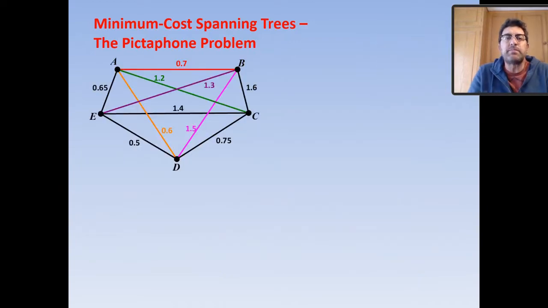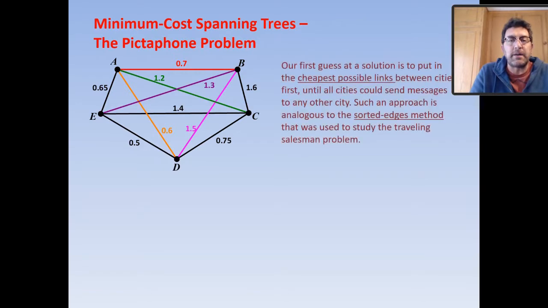Now, let's go back to the pictophone problem. I've just colored the edges in different colors so that we are sure that the weight that are assigned on the graph belongs to the particular edge that carries its color. Okay, so our first guess at a solution is to put the cheapest possible links between the cities first, until all cities could send messages to another city.